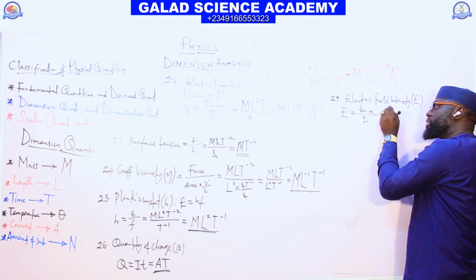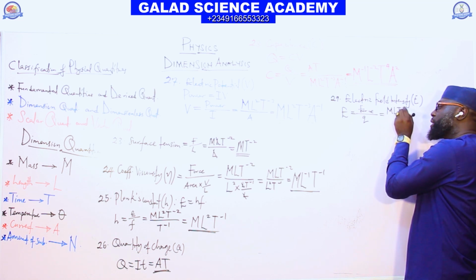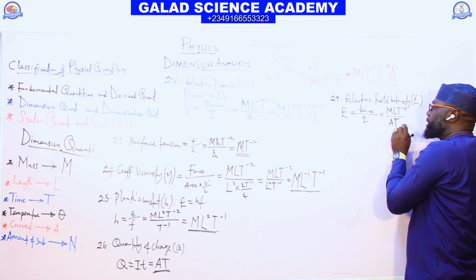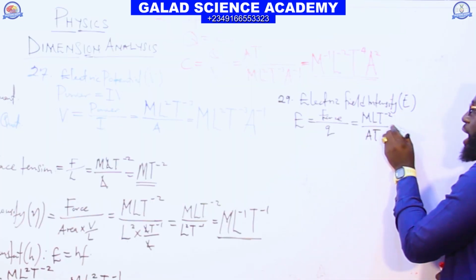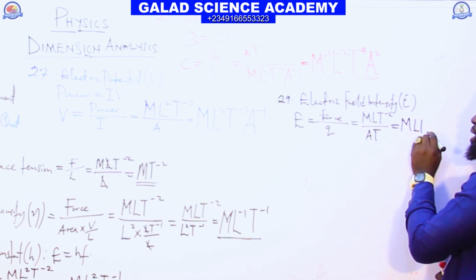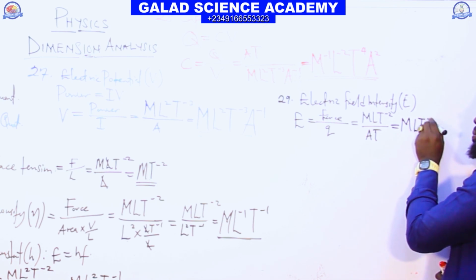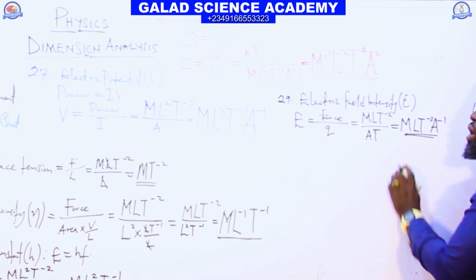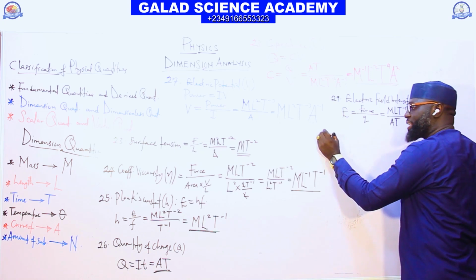Dimension for force is M L T minus 2. Charge is AT. So we now have M L T minus 3 per current.